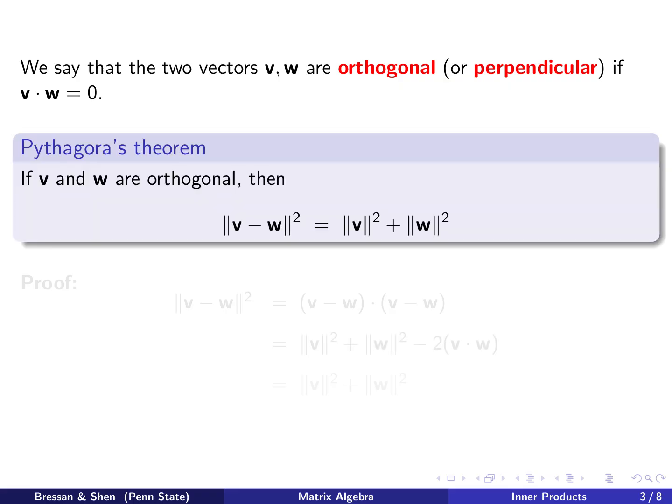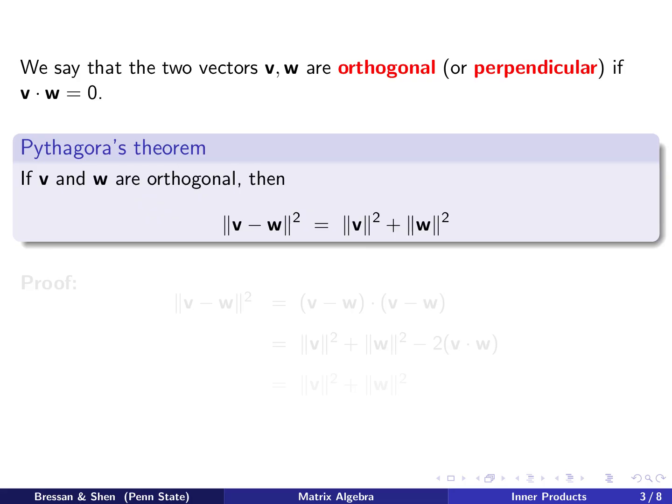Okay, so now let's cover a version of the Pythagoras theorem, basically the same, but we write it in terms of vectors in a vector space. So if the two vectors v and w are orthogonal, then we have this relation: the norm squared of v minus w equals the norm squared of v plus the norm squared of w.